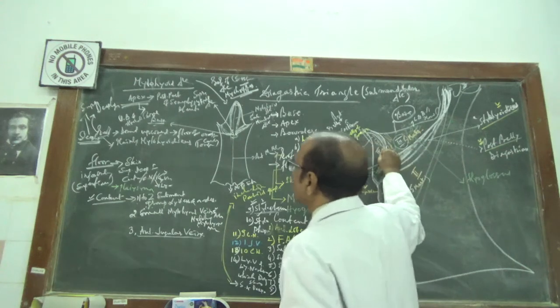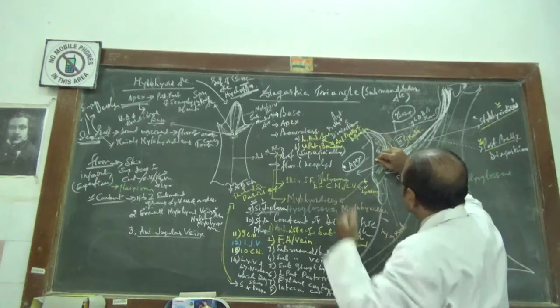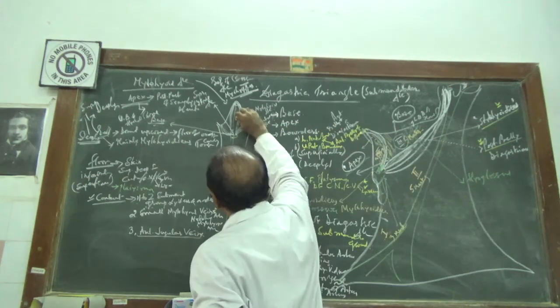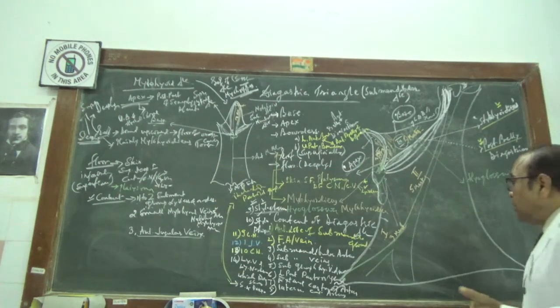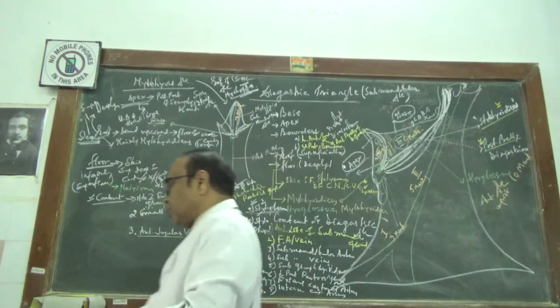And the mylohyoid triangle is important for 3 marks. But the entire anterior triangle of the neck, including all these 4 triangles, is important for 10 marks. So this is what you should know.